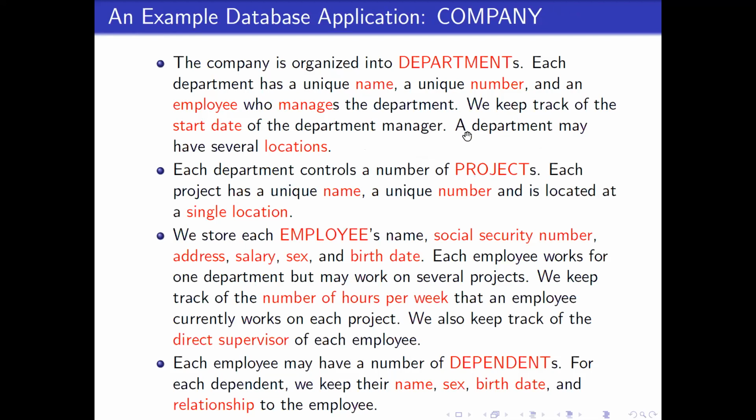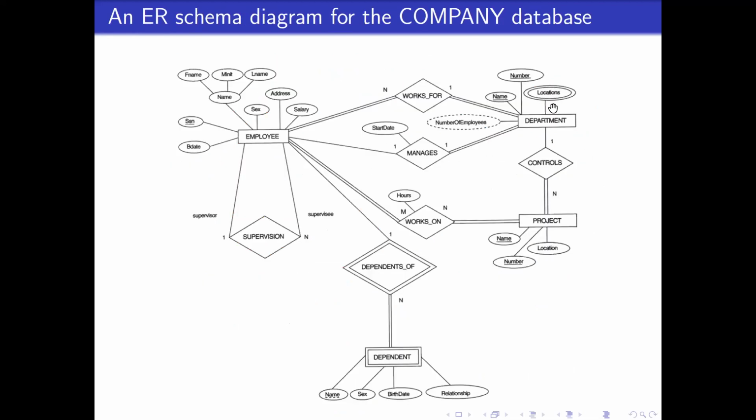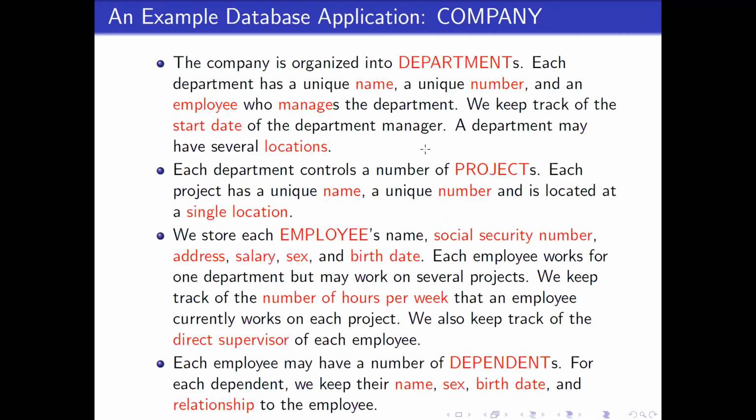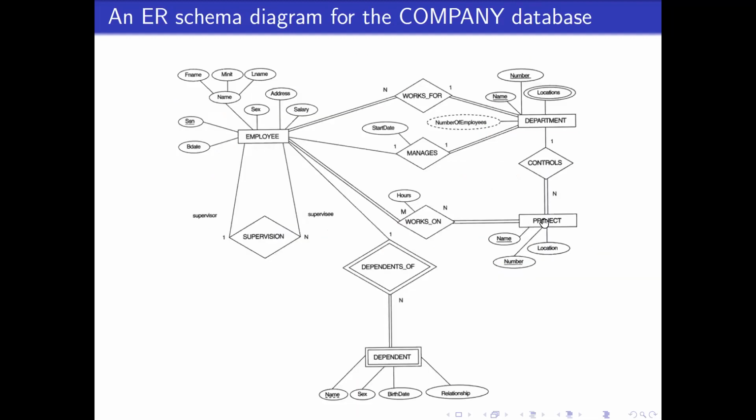We also say that the department may have several locations, so we use a different type of attribute, which we call a multi-valued attribute. You have double ovals here to represent that a department may be in multiple locations. Likewise, if you look at projects, you have a name, a number, and a single location.